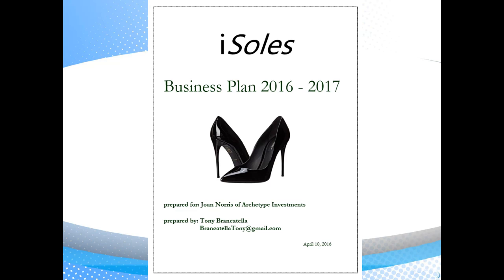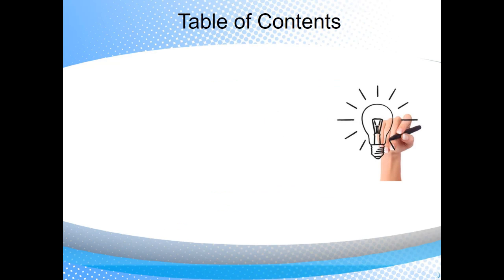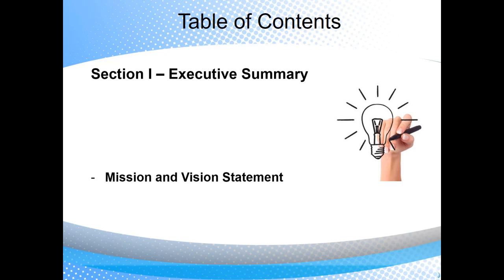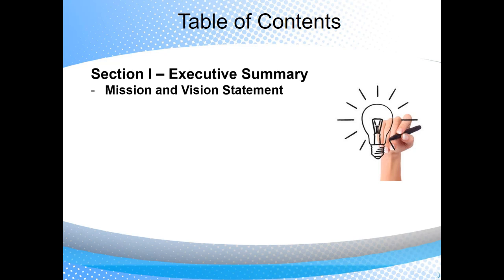So if you look at the actual table of contents, we'll go through the whole table of contents, and then in another class we will break it down one by one. So: table of contents, executive summary, which includes your mission and can also include your vision.